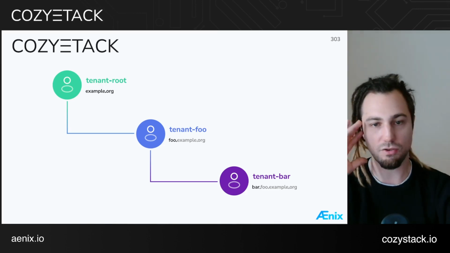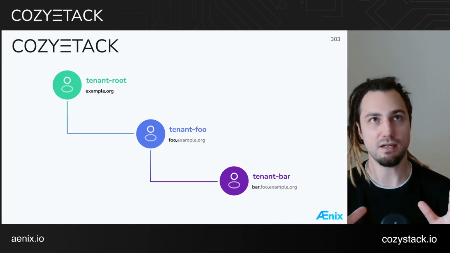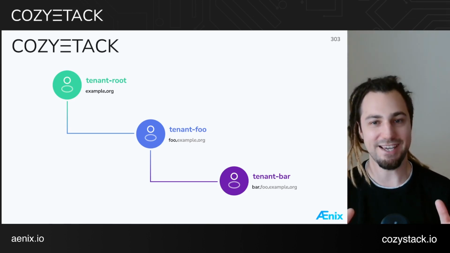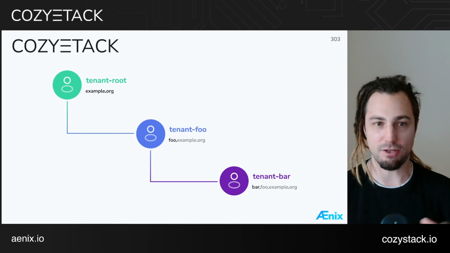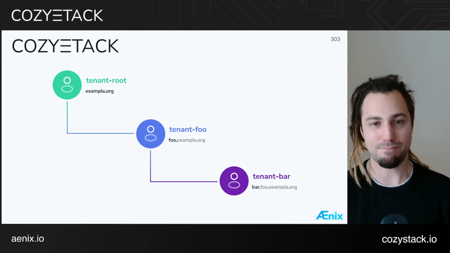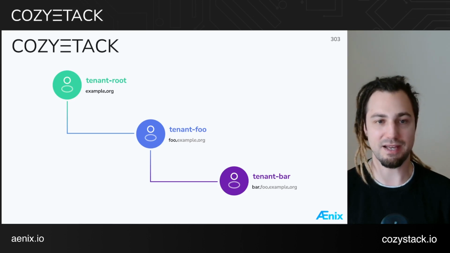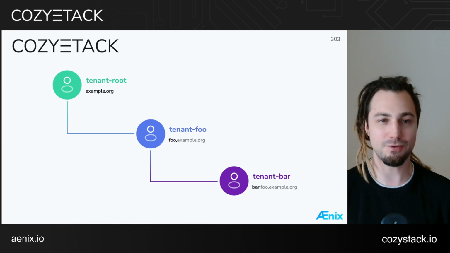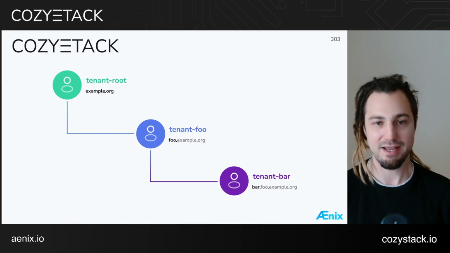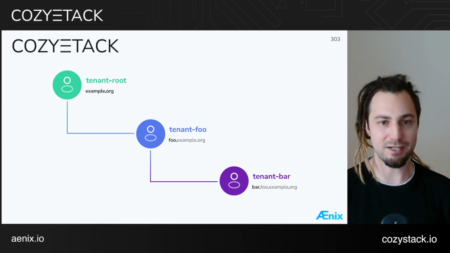If we talk about multi-tenancy, we implement a model like the Unix way, if we can say. By default, we have tenant root, like the root user in Linux, but every tenant also has a specific domain assigned. For example, tenant root can have example.org, and if you create a new tenant, you can create them hierarchically.